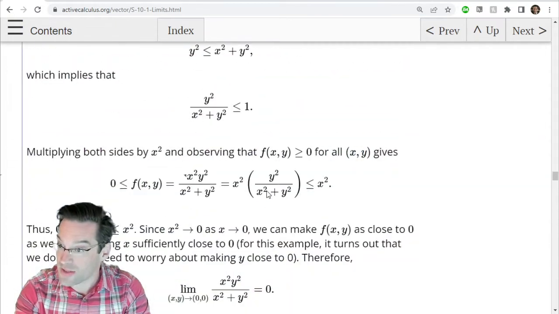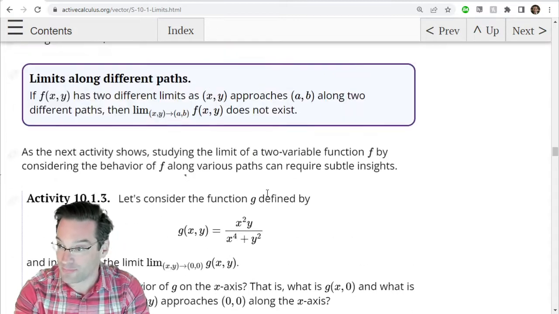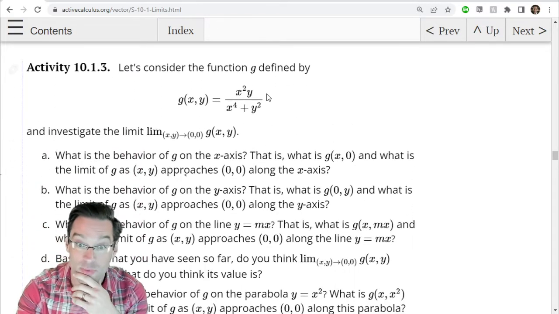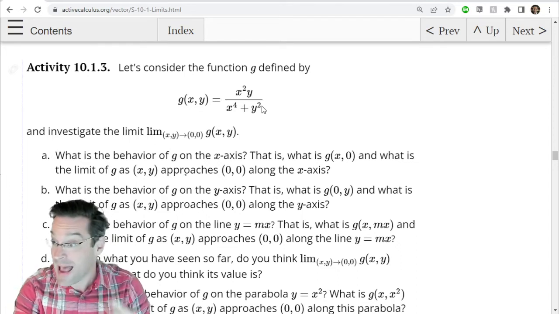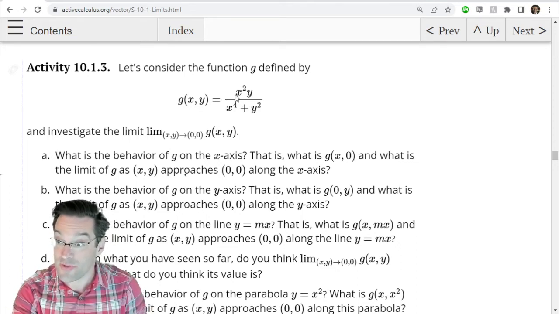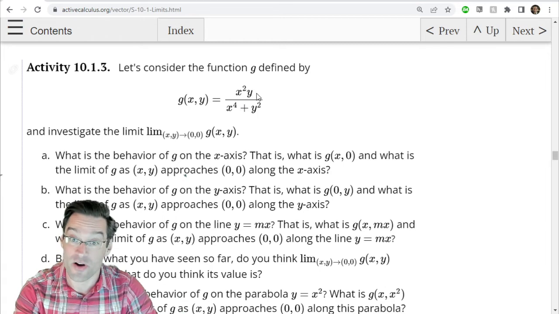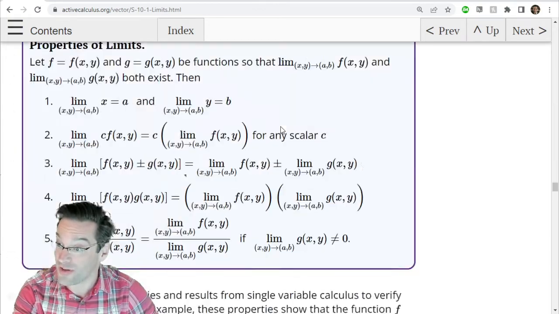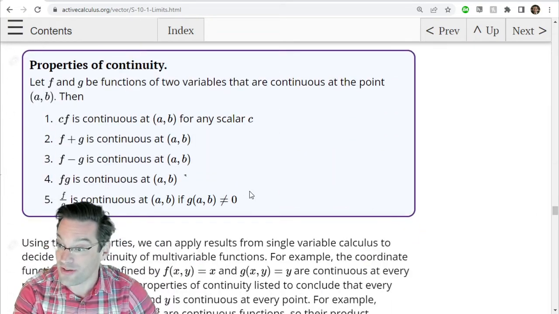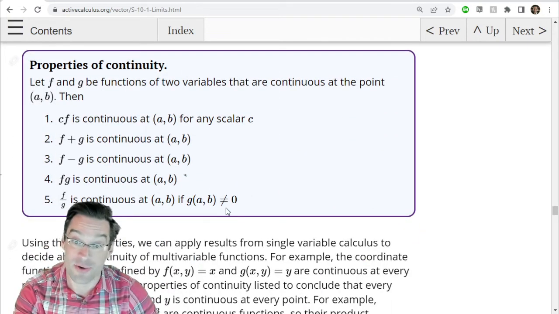So even our example from this activity, x squared y over x to the fourth plus y squared, had a problem at the origin. And it had a problem at the origin because even though it is a quotient of the continuous function x squared y divided by the continuous function x to the fourth plus y squared, that quotient of continuous functions is not guaranteed to be continuous when the denominator is 0.